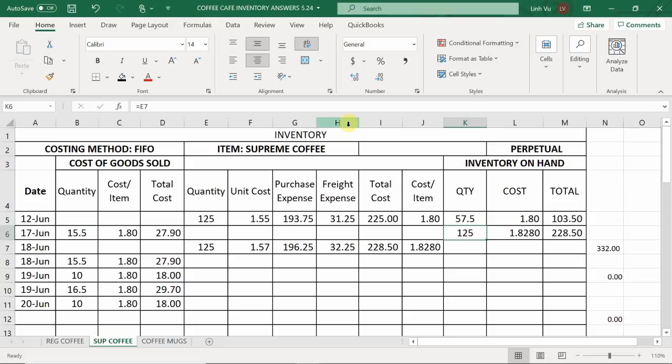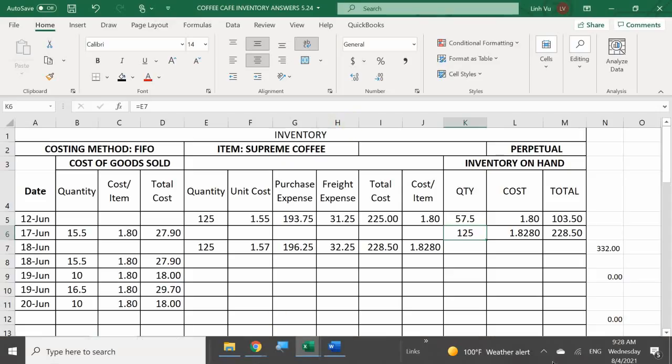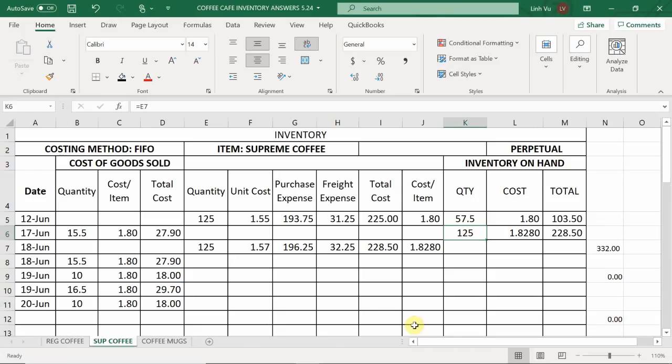What do you do on the ceramic mugs, the sales of the ceramic coffee mugs? What tracking method are we using for them? You don't need to update the inventory on that part.